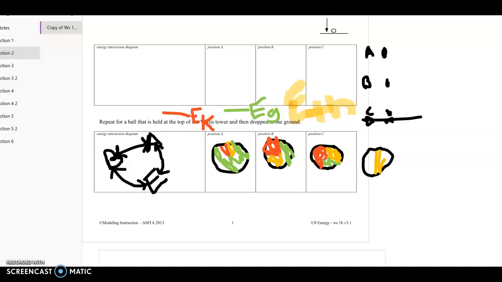So it's got more thermal, but it's not moving anymore at all. But maybe the ball is squished, so it has elastic or spring. Okay, I didn't even write that one down. So spring. If the ball is kind of splat and squished out, it doesn't really show that, but I'm just kind of teaching you how it works. Okay, good deal. Thanks.